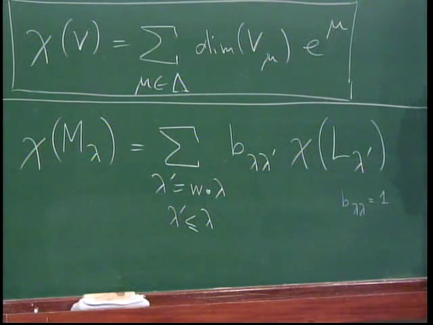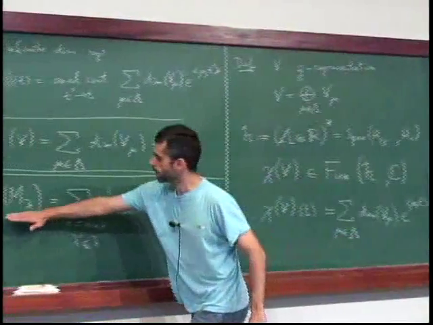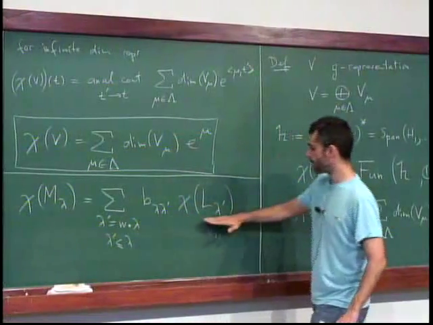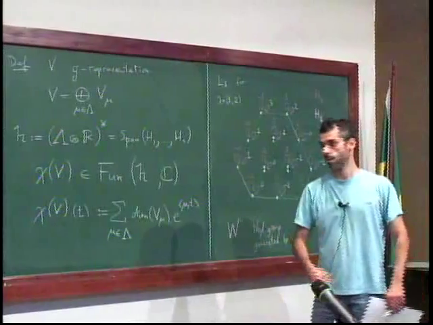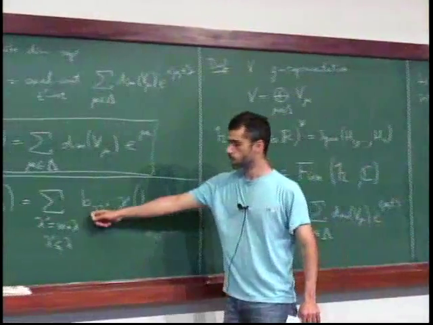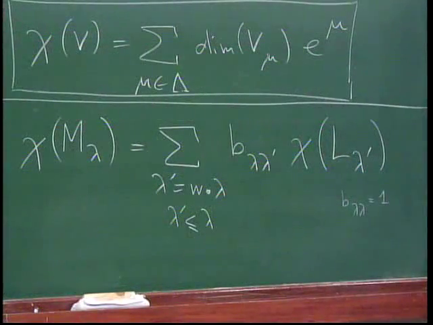Let's put these B lambda lambda primes into a matrix. Then this says that this vector is this matrix times that vector. We can invert the matrix. It's a triangular matrix, so it's invertible with ones on the diagonal. So the inverse is again triangular with ones on the diagonal.